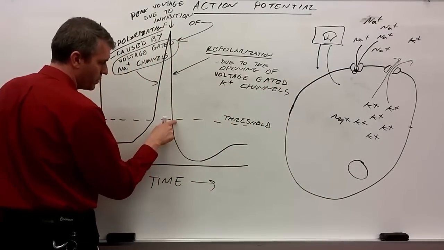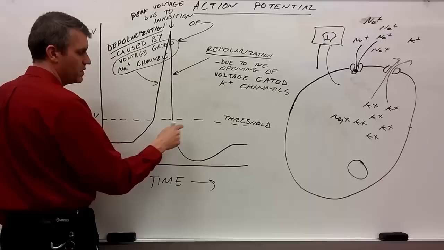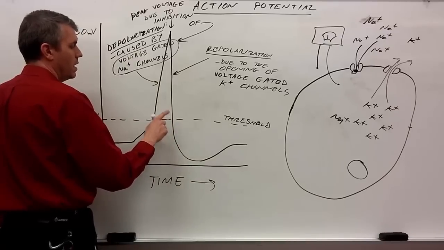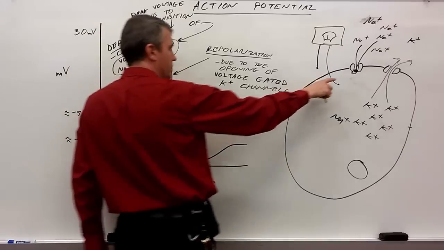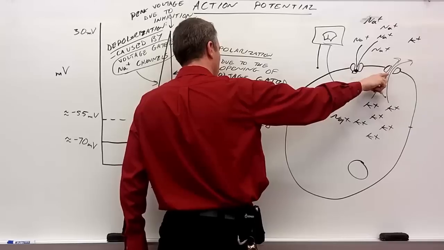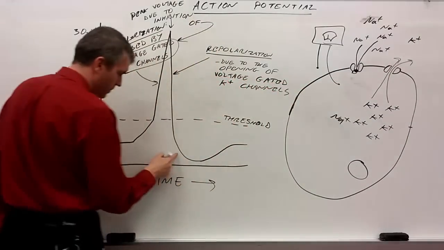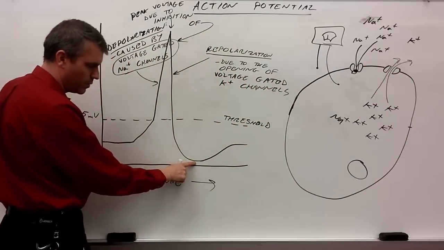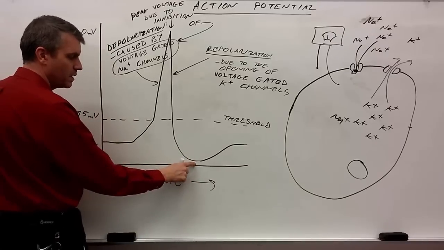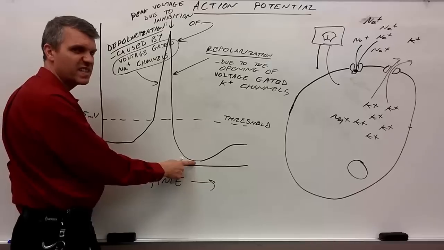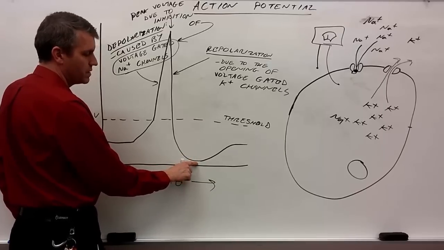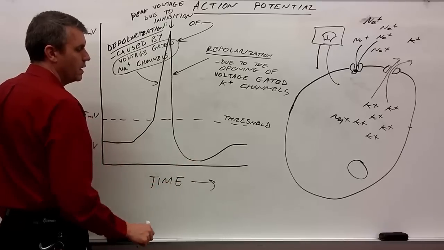Once we get below threshold, both of these channels are signaled to close again. So the voltage-gated sodium channel closes and the voltage-gated potassium channel closes. But we end up being a little bit hyperpolarized here, more negative than we were at rest, because the potassium channel apparently takes a little bit of time to close. That's what causes this hyperpolarization.